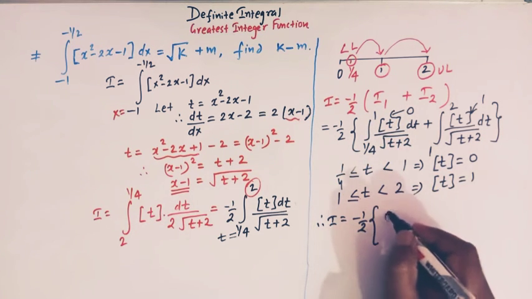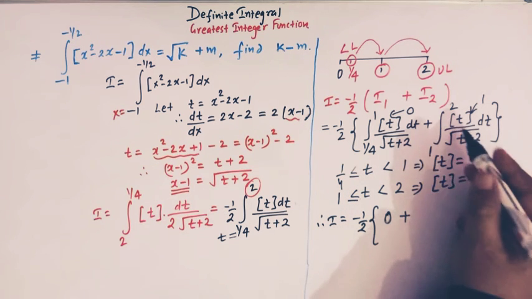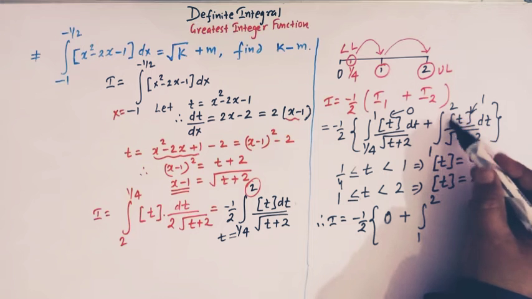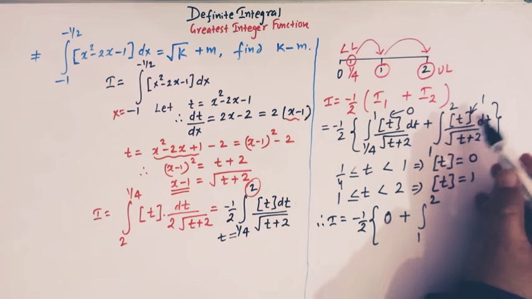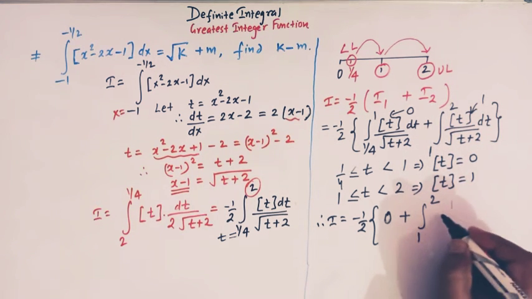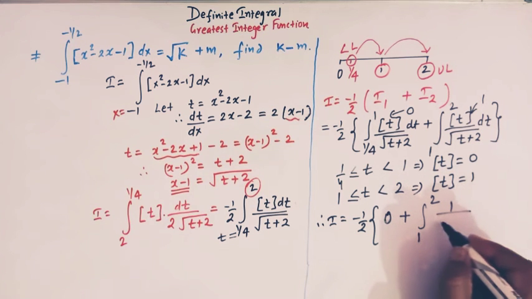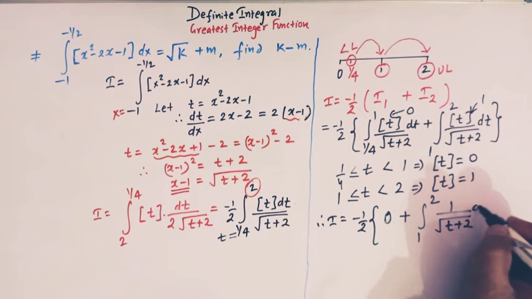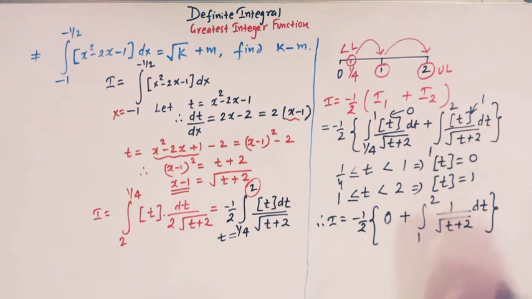So now I is equal to minus half, and this integral disappears. Then we have 1 to 2, and here we have the value of greatest integer t as 1, over square root of t plus 2, dt, right?